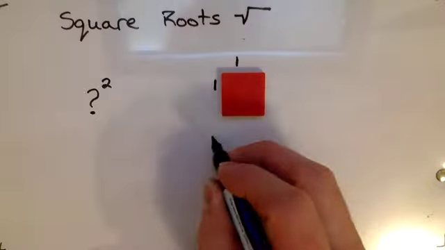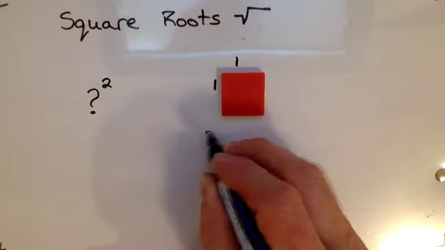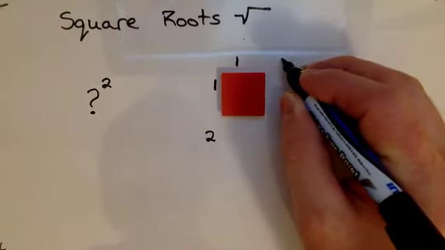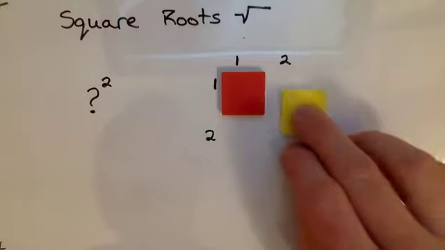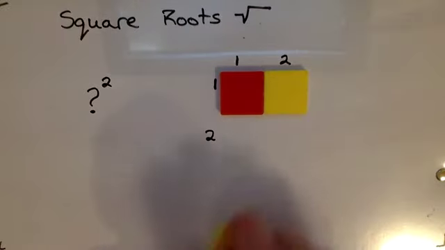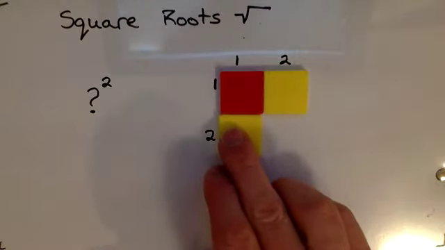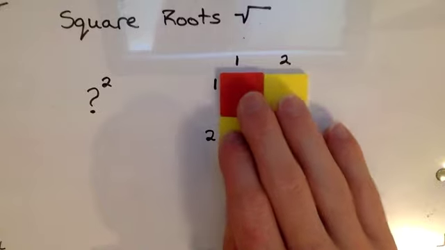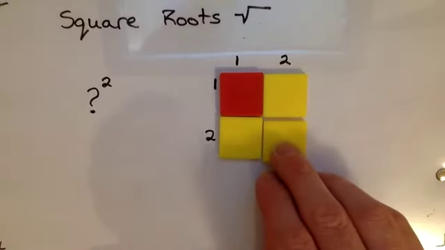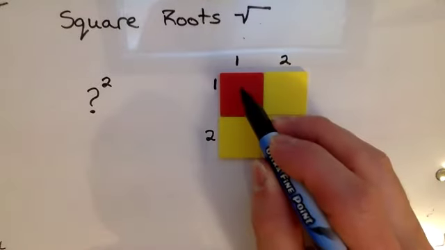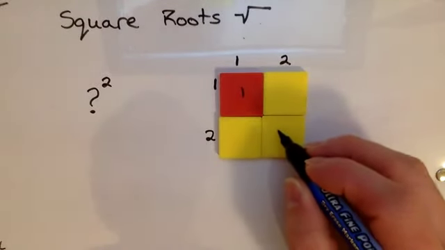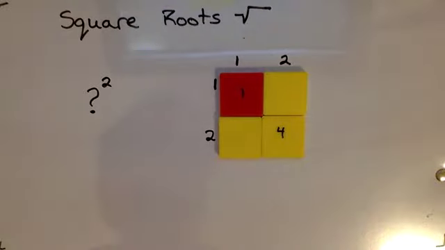If I made that square 2 units by 2 units, then that's not only 2 blocks wide, it's also 2 blocks tall, which makes it actually 4 blocks in total. So your 1 block here actually becomes 4 blocks here.